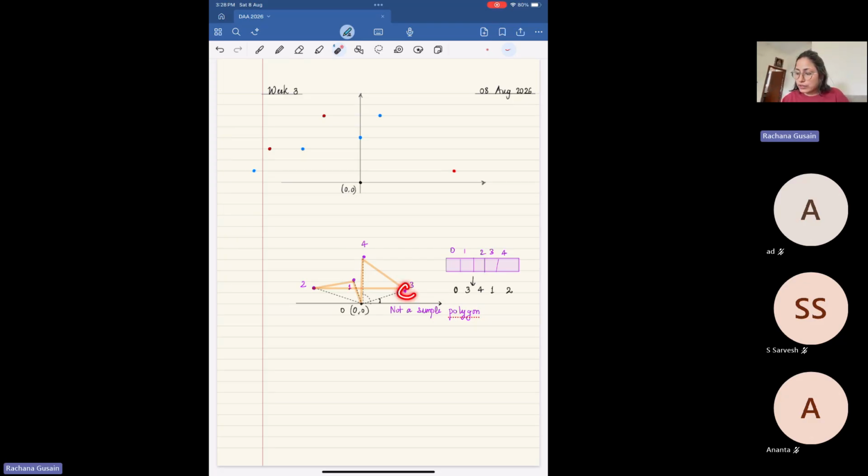So here point 3 should come before point 4 because 3 makes a smaller angle with respect to this axis, with respect to this horizontal line passing through the origin. 4 makes a larger angle. So any 2 points you can compare with respect to the angles they subtend with the horizontal line passing through the origin.